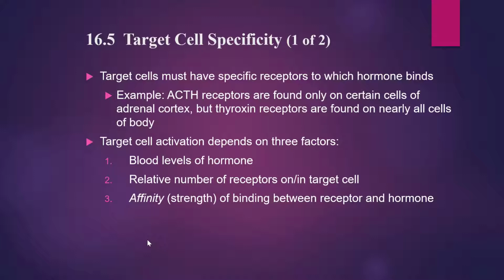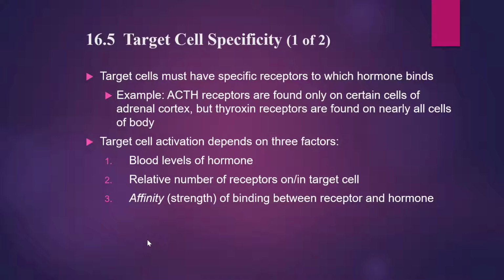But the thyroxine hormone is different. The thyroxine receptors are found on nearly all cells of the body, and therefore the thyroxine hormone can stimulate and affect nearly every cell in the body that carries the receptor for thyroxine.